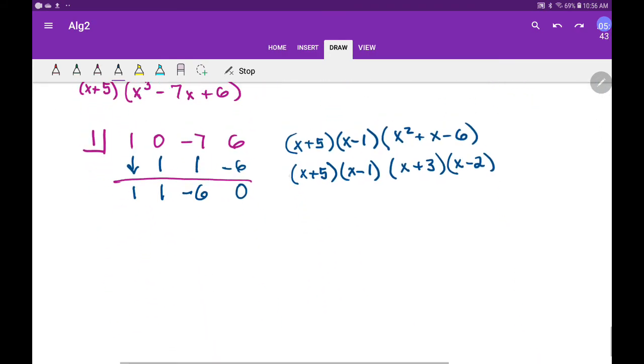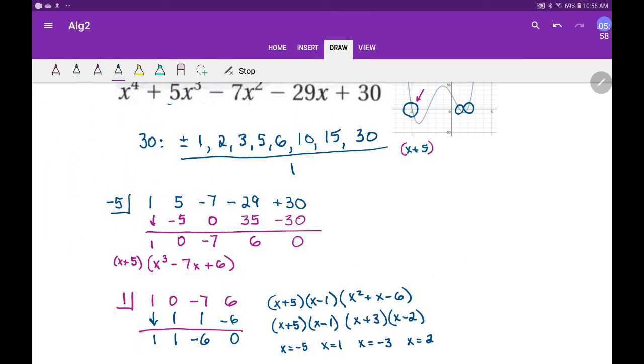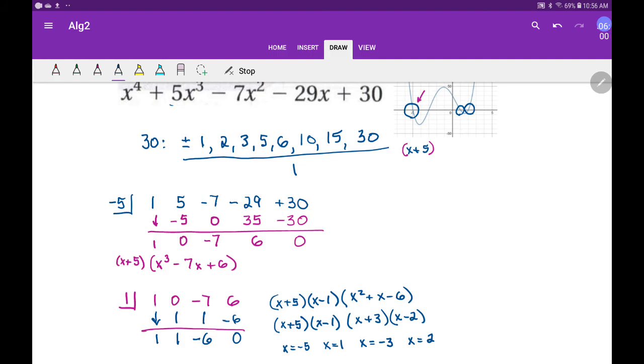All right. So x is equal to negative 5, and x is equal to 1, and x is equal to negative 3, and x is equal to 2. And I take a little peek up here at my graph, and I think, sure, that makes good sense. The only thing that surprises me is the thing I didn't circle up here, which is negative 3.